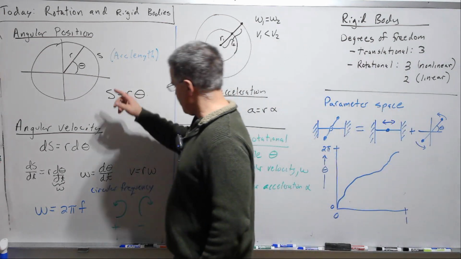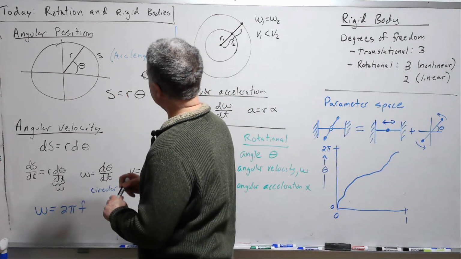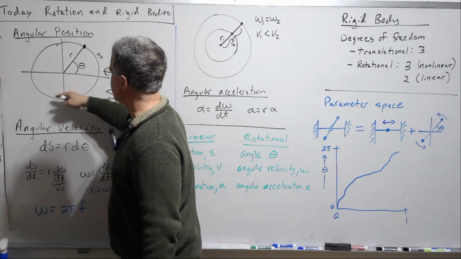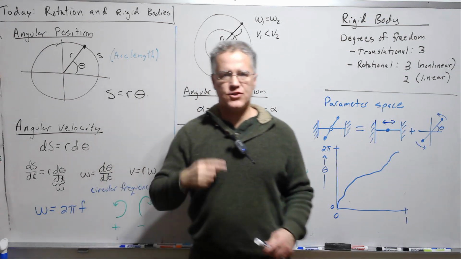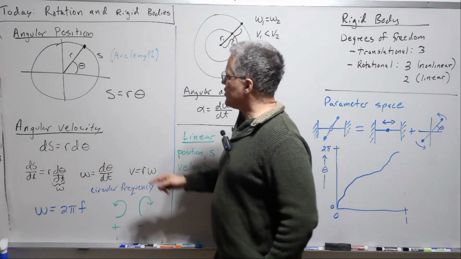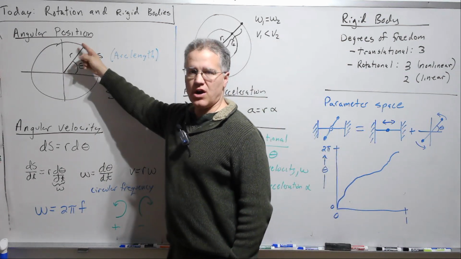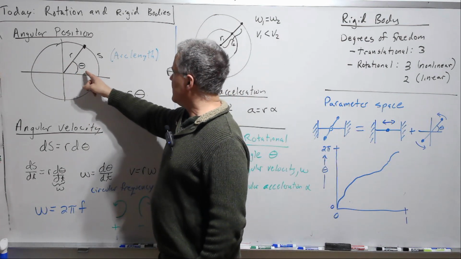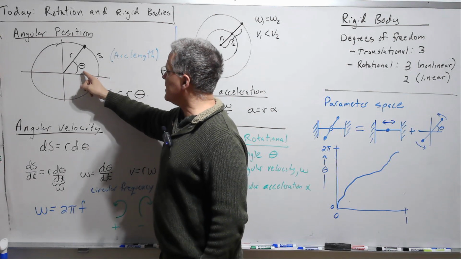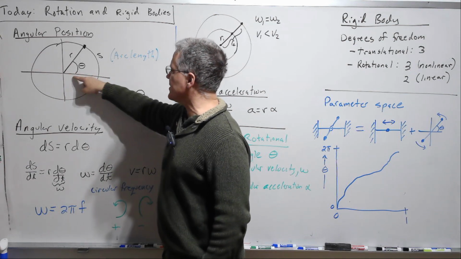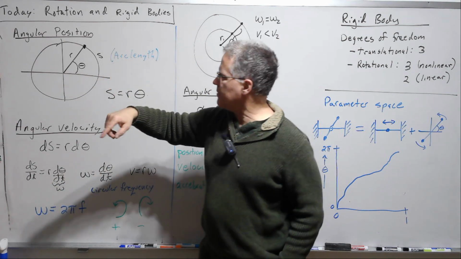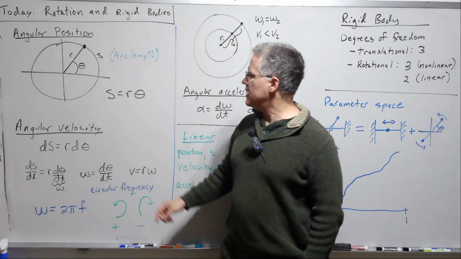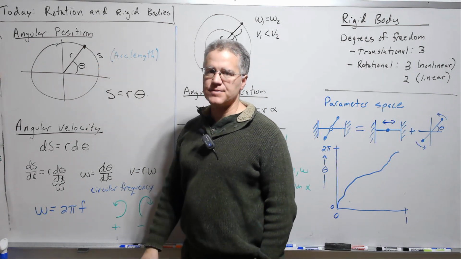Now, let's imagine an object that is rotating on a circular path. That circular path will have a certain radius r, and that radius will be fixed. Compared to, say, the x-axis here, the object will be at an angle theta measured from the x-axis.